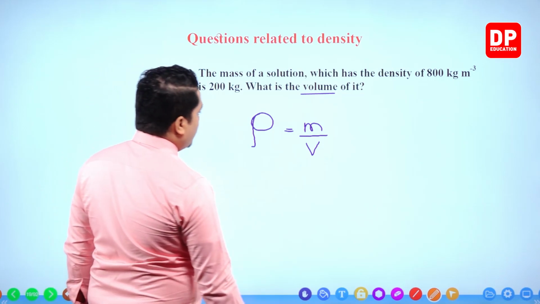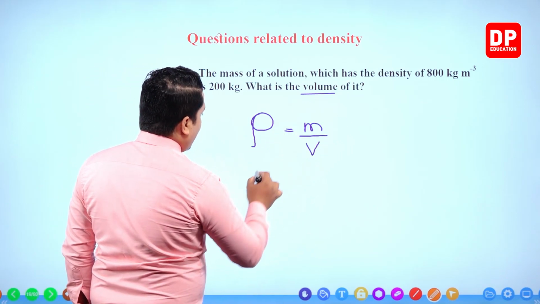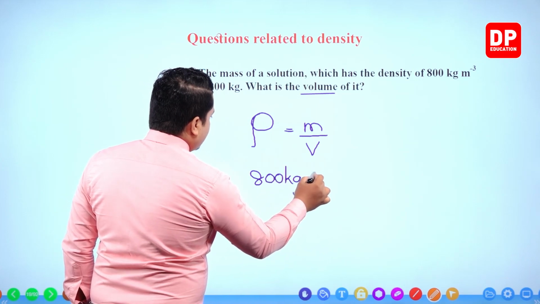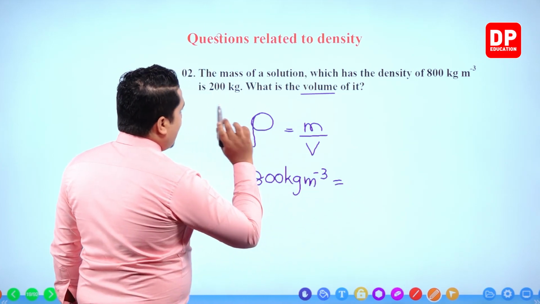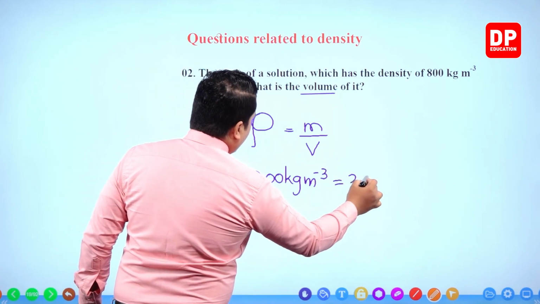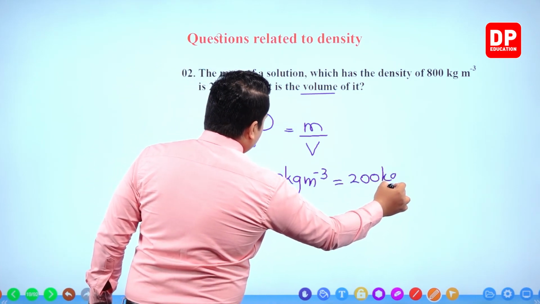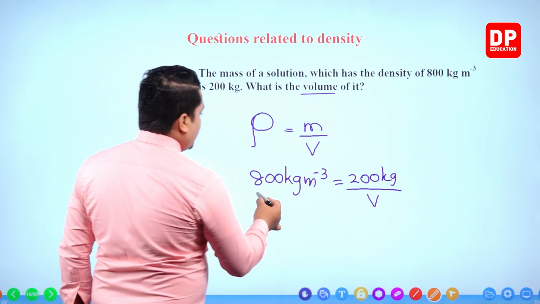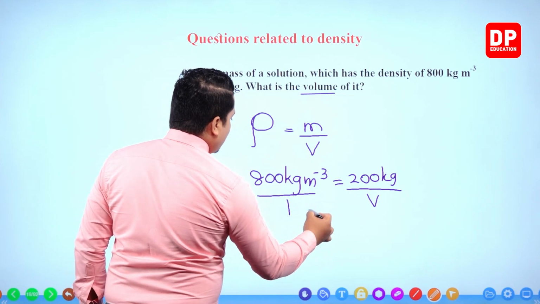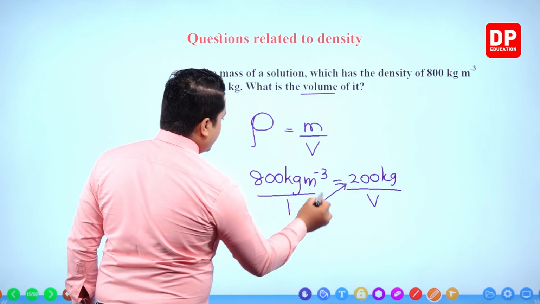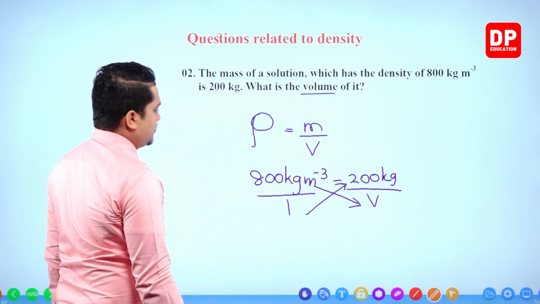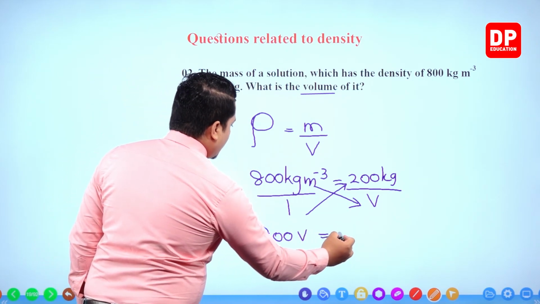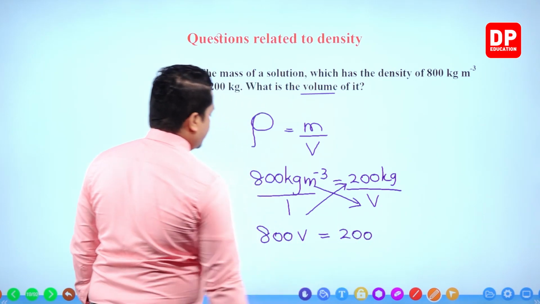So we'll substitute, my dear children. Density is equal to 800 kg m minus 3. Mass is given as 200 kilograms. Volume we don't know. You can apply cross multiplication, so I'll put 1 here. Then 800V is equal to 200.